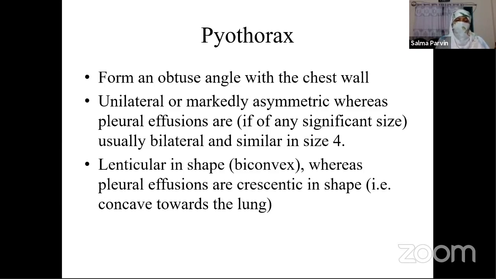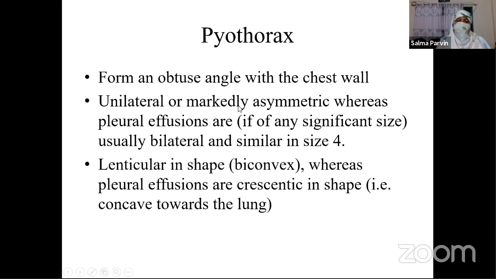The pyothorax usually produces an obtuse angle with the chest wall, whereas a benign effusion causes blunting of the CP angle and a concave line.